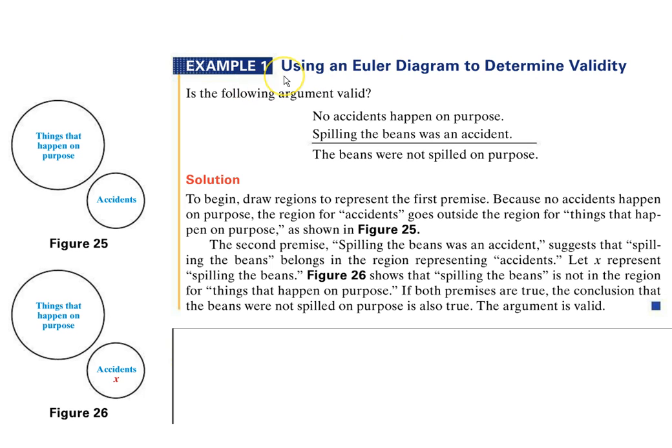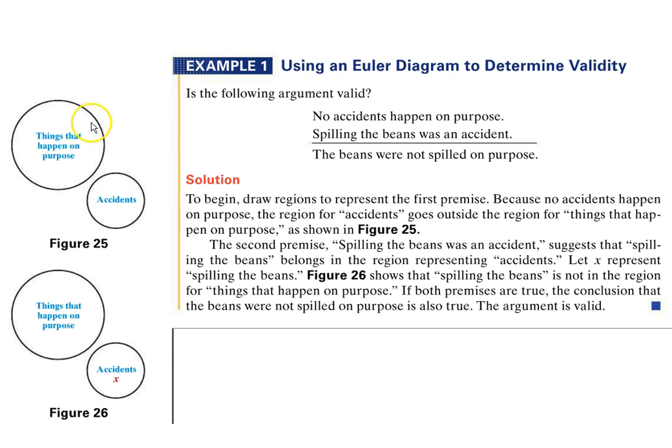So, example 1, now in our booklet, all of this is written up, so you just have to follow it. No accidents happen on purpose. Spilling the beans was an accident. The beans were not spilled on purpose. Is that a valid argument?